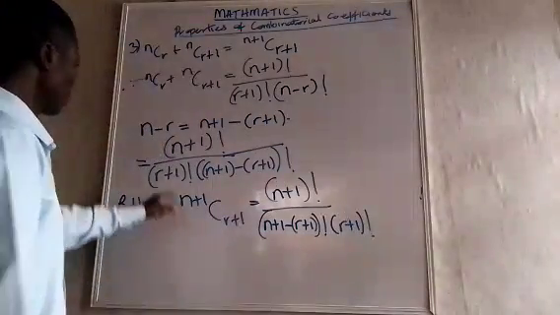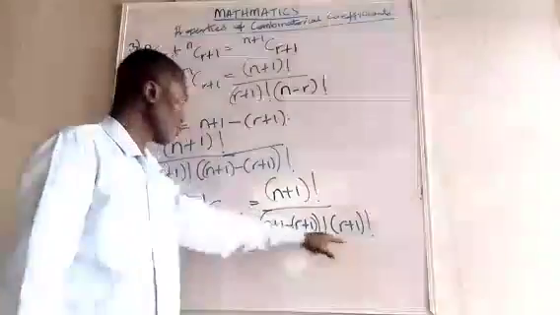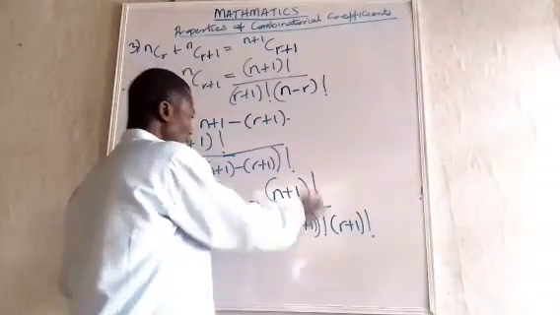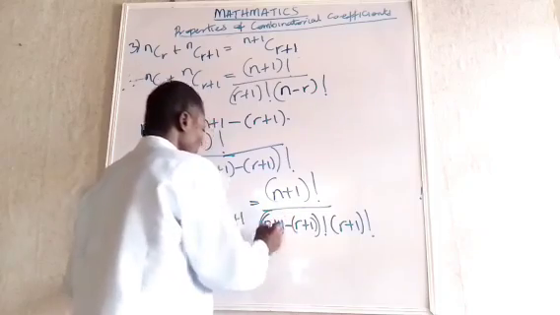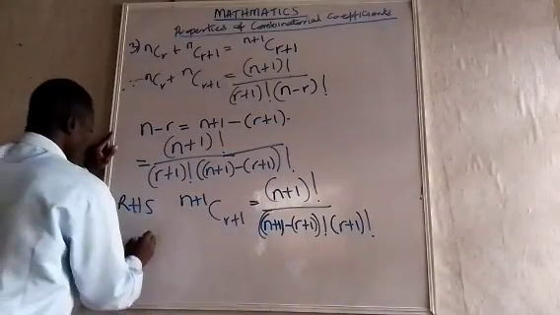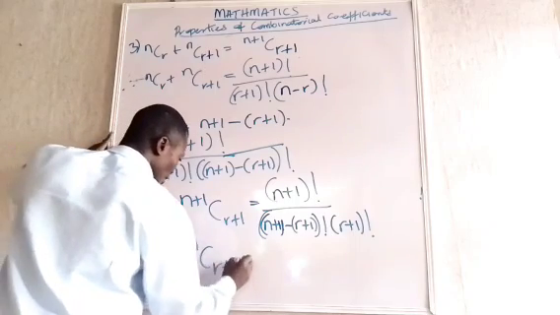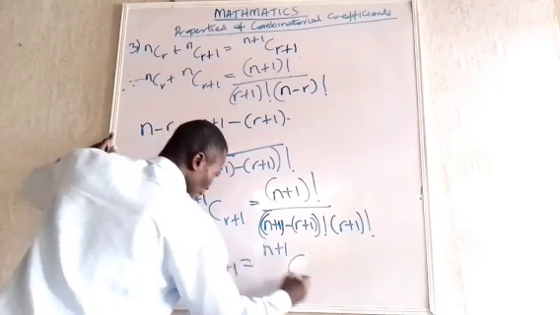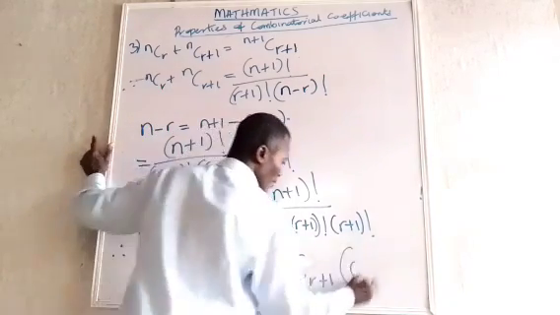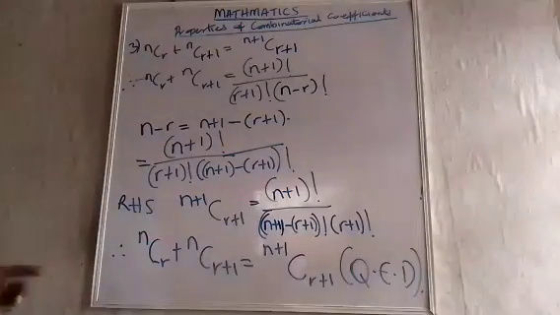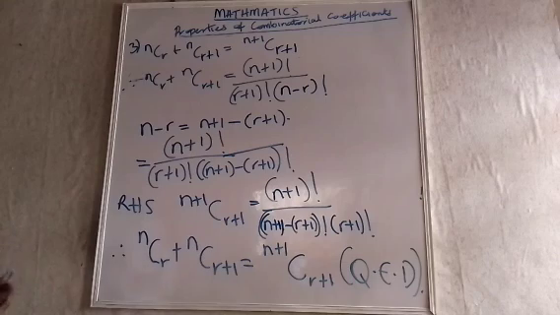Now compare these two. We have (r plus 1) factorial here, (r plus 1) factorial here, and ((n plus 1) minus (r plus 1)) factorial. Therefore, nCr plus nC(r+1) is equal to (n+1)C(r+1). So, these three properties are very useful and it makes our work very easy and fast.